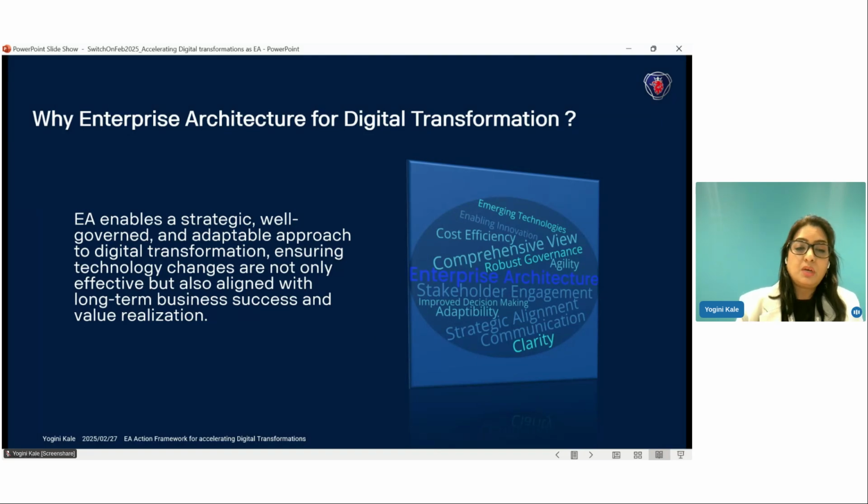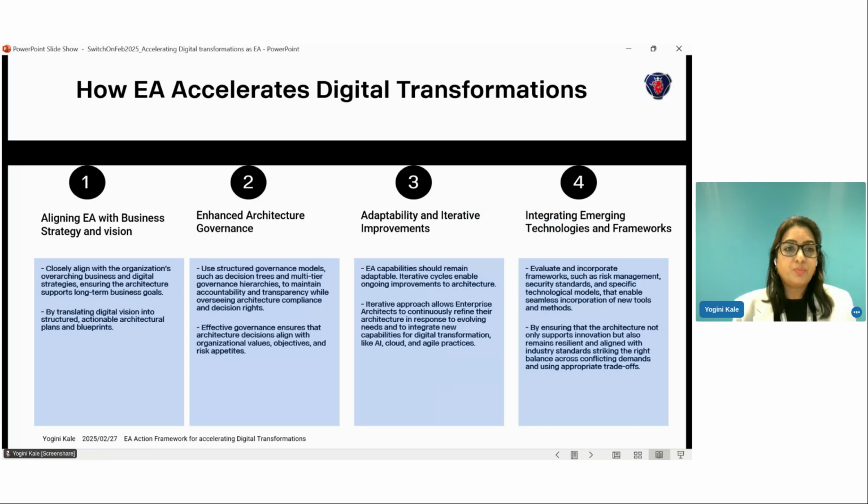So these are just some areas where enterprise architecture can bring value, and that is why we think that enterprise architecture is a very important component of digital transformations today in all organizations.